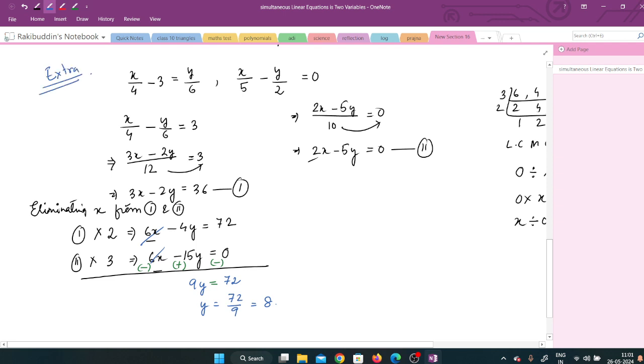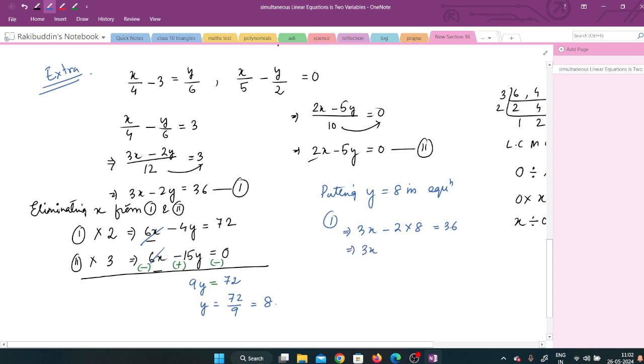Okay, so here y equals 8. Now putting y equal to 8 in any one of the equations, in equation 1 or 2 you can put. If I choose equation 1, putting y equal to 8 in equation 1, then my equation becomes 3x minus 2 into 8 equals 36.